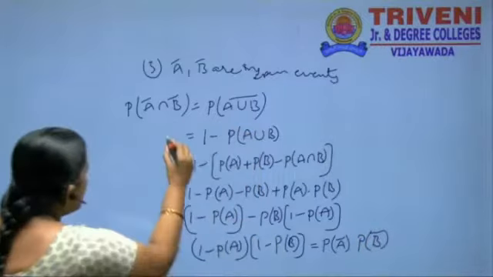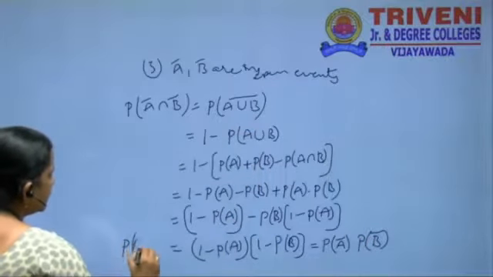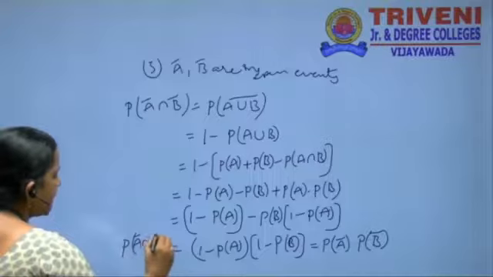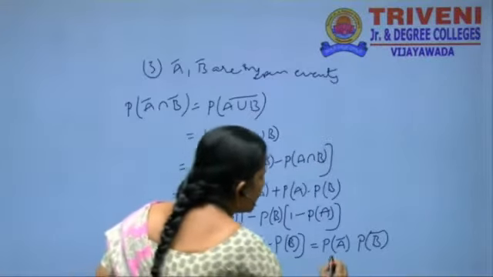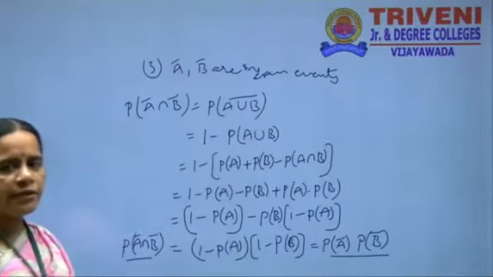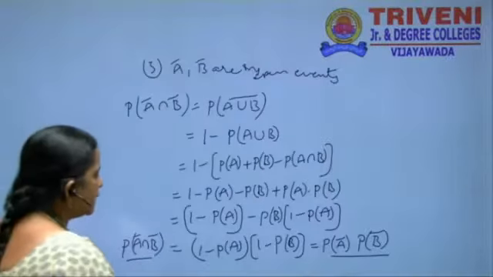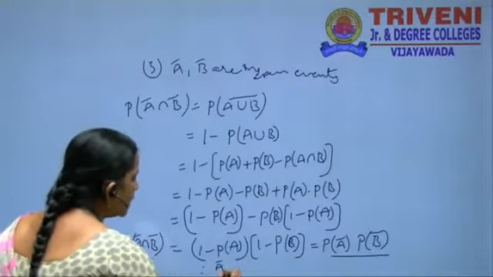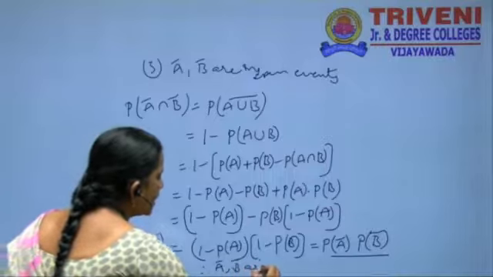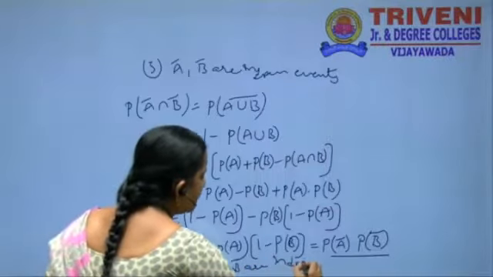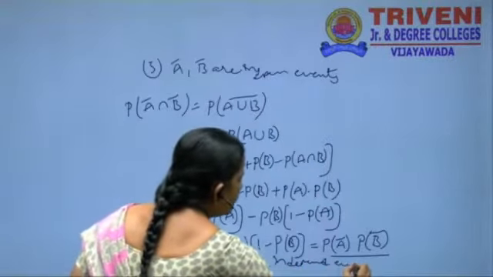Then P of A bar intersection B bar is equal to P of A bar into P of B bar. Therefore, A bar comma B bar are independent events.